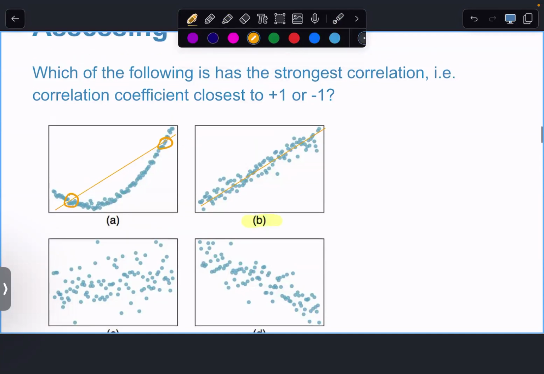I will say here, A has the strongest relationship, but because it's non-linear, right, then the correlation doesn't apply. A has the strongest relationship. That's true. That's still true.